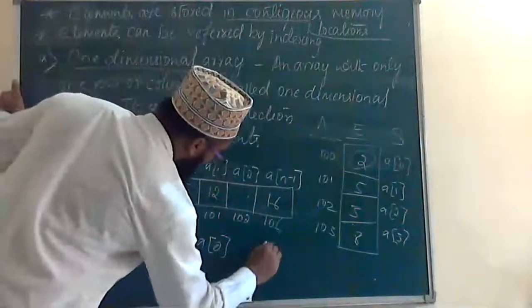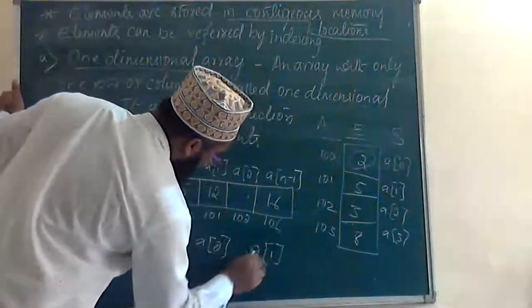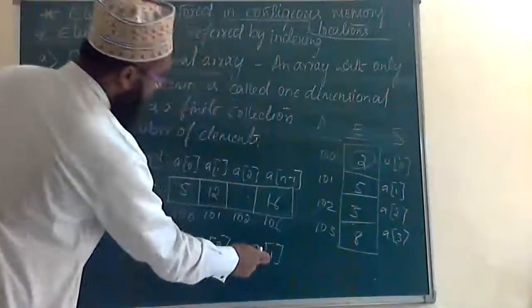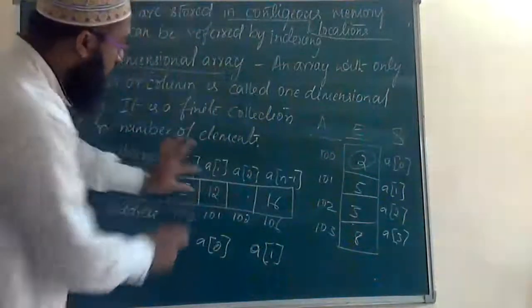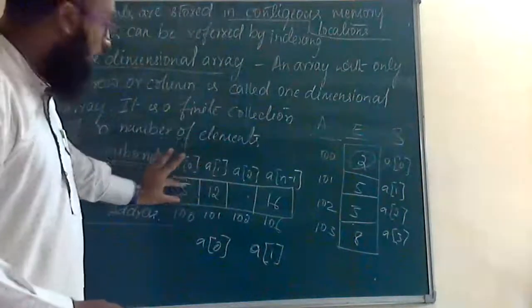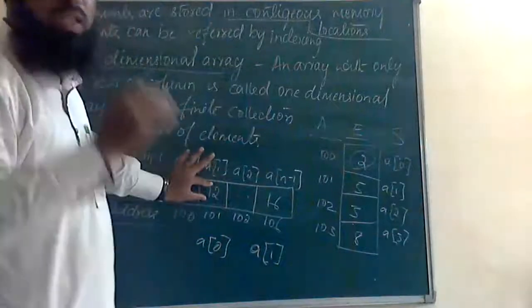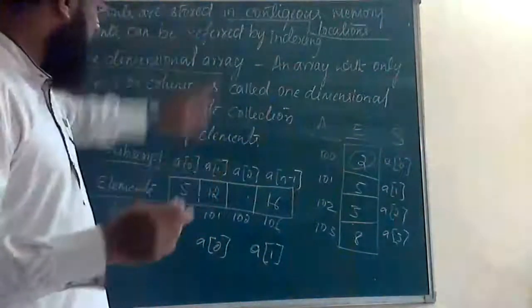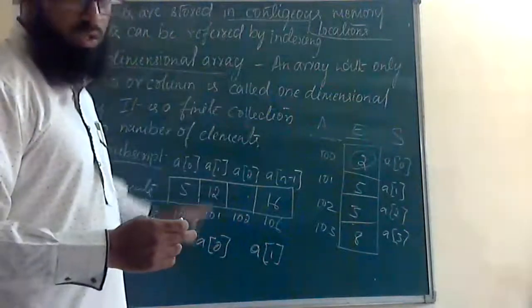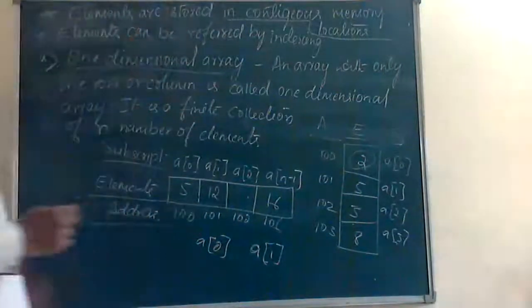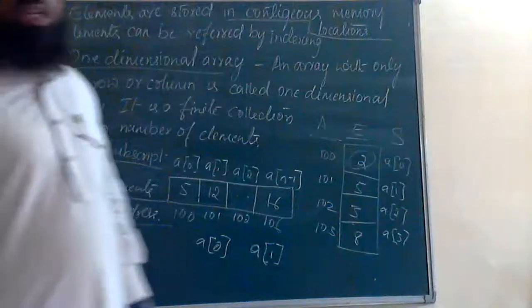If you write A of 1, then think of it as the element 12. We will not represent the element of an array directly. We refer to the elements by giving their indexes. These are the rules of a one-dimensional array.